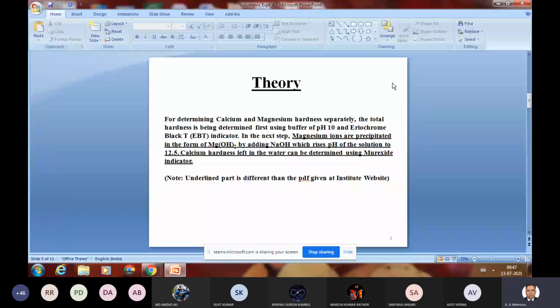For calcium, another indicator, murexide, is used separately. Once we determine calcium, magnesium can easily be identified from the EBT titration, and calcium is determined accurately under the same conditions.